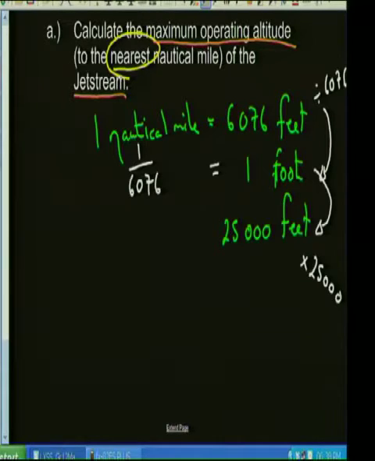So what I do on the one side, I'm going to do on the other side. So we've got 1 over 6,076. I'm taking it across and I'm saying, right, on this side, on my feet I times by 25,000, I'm going to do the same under the nautical miles. So 1 over 6,076 times 25,000.